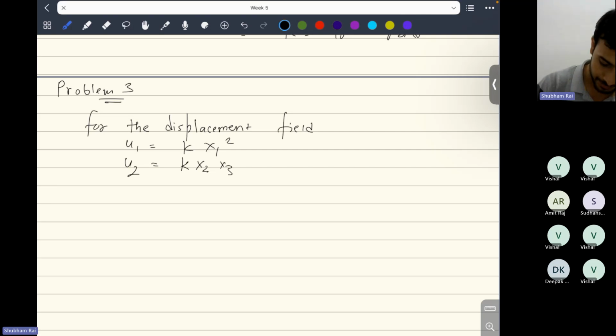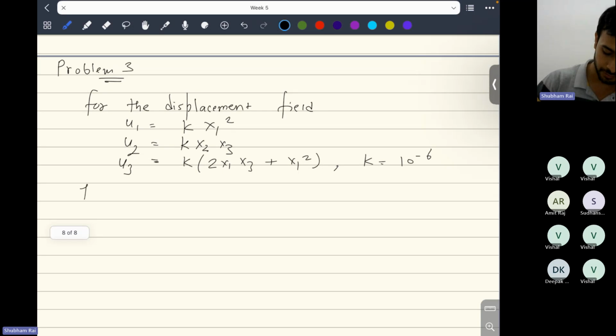So, x2 x3 and u3 will be k times 2x1 x3 plus x1 square, and k is given to you, which is 10 to the minus 6. Right?